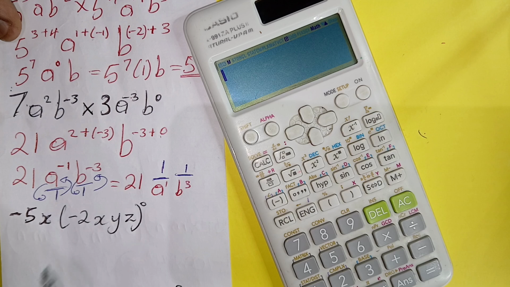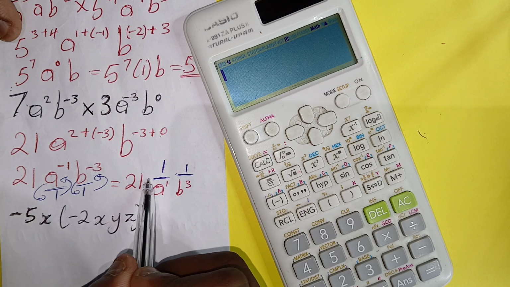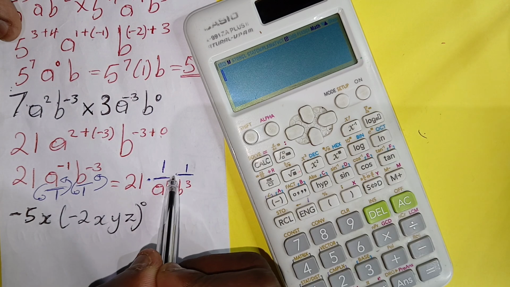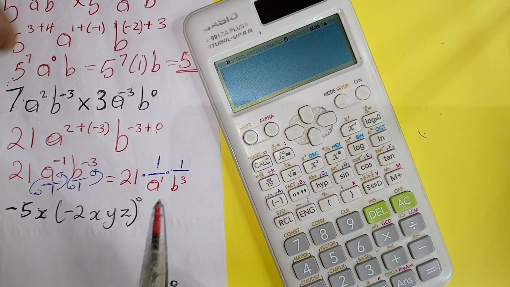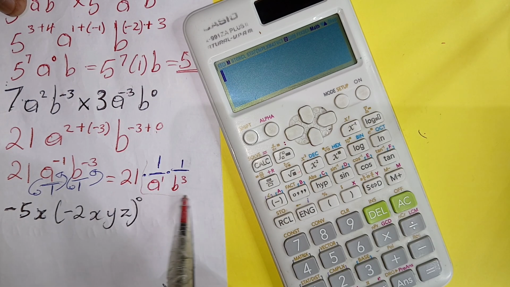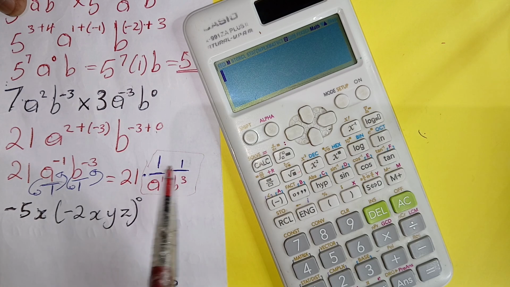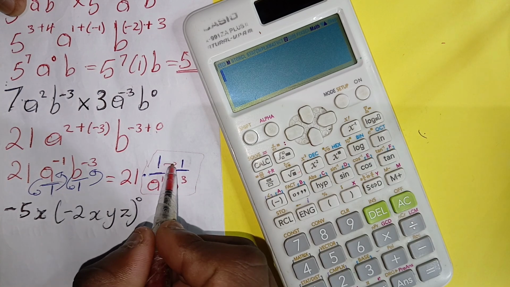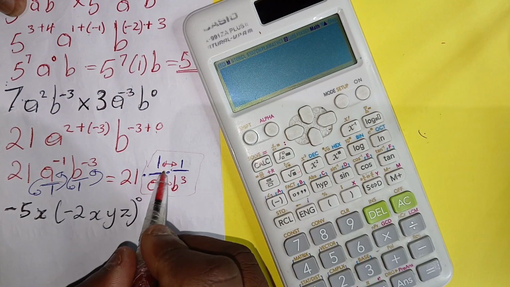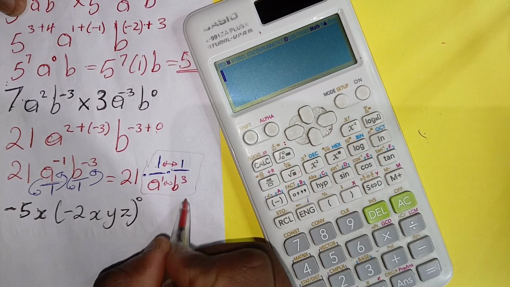And now what you should know is that here, if there is nothing, there is a dot, and a dot represents multiply. And now you know that between these two things, when you multiply fractions, you multiply numerator to numerator, denominator to denominator. So 1 multiplied by 1, you get 1.